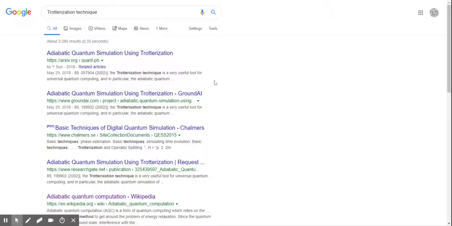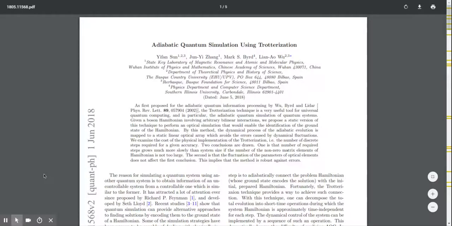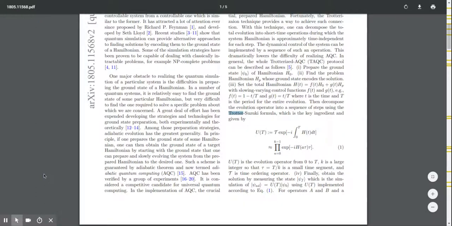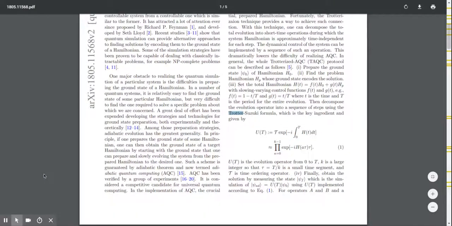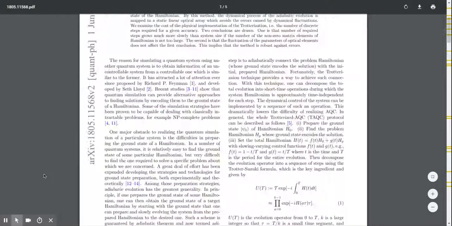Let me just pause that for a second. Okay, so it finally loaded. I loaded that paper, adiabatic quantum simulation and Trotterization. But that's not adiabatic quantum computing, what I'm looking for is the gate model. So, but here, no, wait.